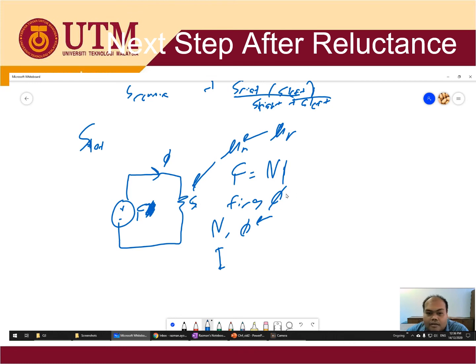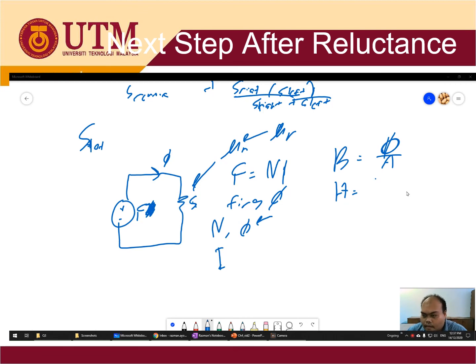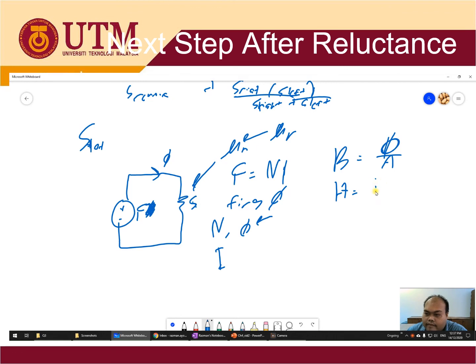Another thing you have to know is B and H. B is just flux over A, and H equals F over L. So to calculate B, you have to find the flux first and then divide by the area.